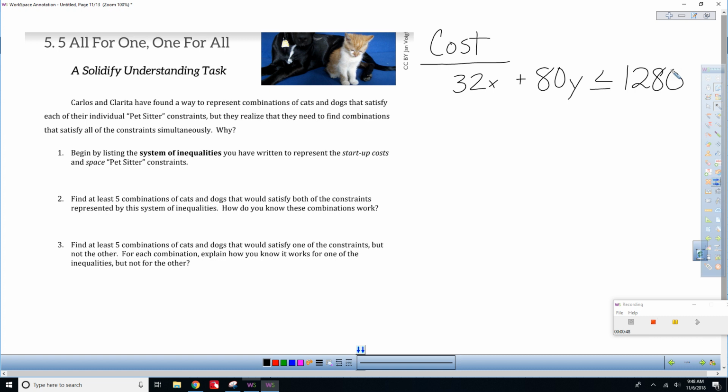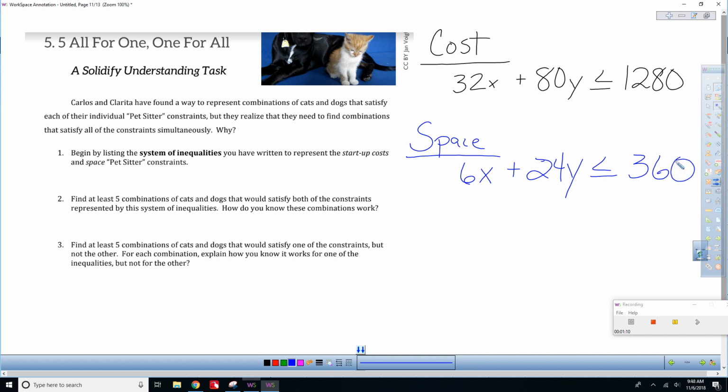Okay? It also says to write your space constraint. Well, it's 6 square feet per cat, 24 square feet per dog, and we have no more than 360 square feet to work with.